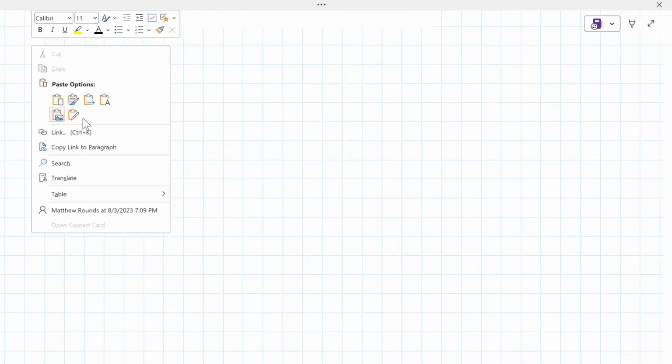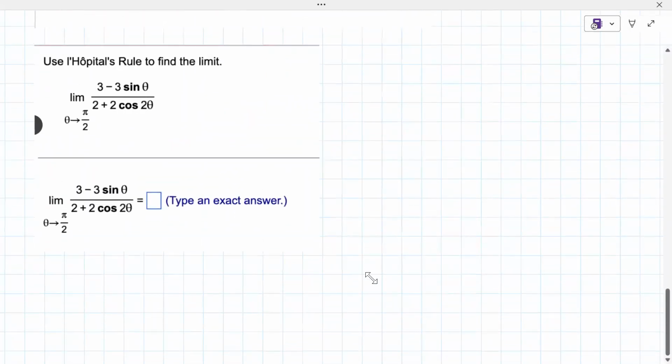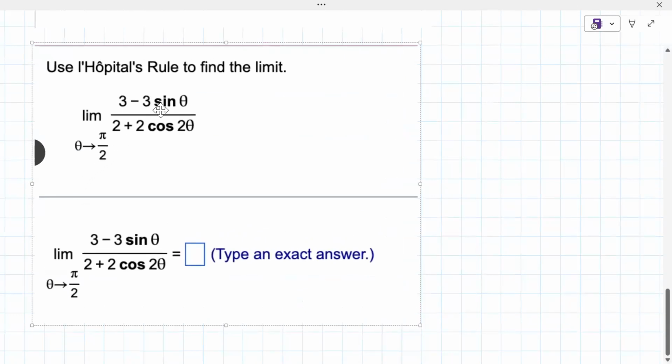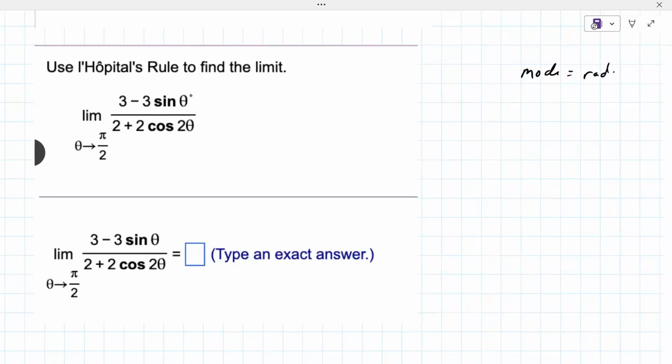All right, so next problem here, number 3. You have to be able to put pi over 2 in here. I don't know how much of your trig you remember. If you have a calculator, you can just make sure your mode is in radians when you're using the pi's.